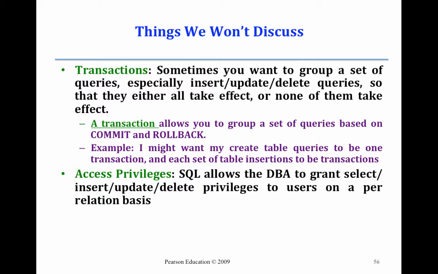And you only want the transaction to go through if all 5 can be updated. If one of them fails for some reason, it would leave the database in an inconsistent state. So a transaction is where you have a group of queries, all of which must succeed, or else you want to be able to roll back. And it's, again, quite interesting how you do it, but it's beyond the scope of this course.